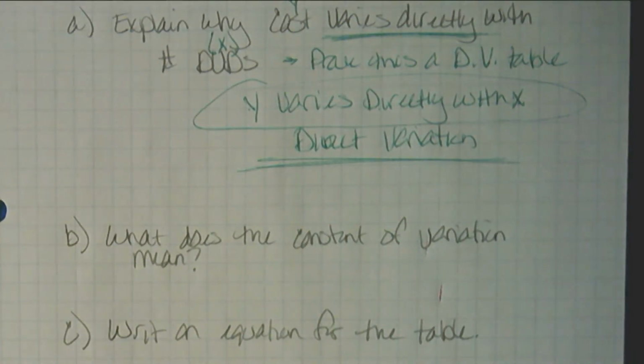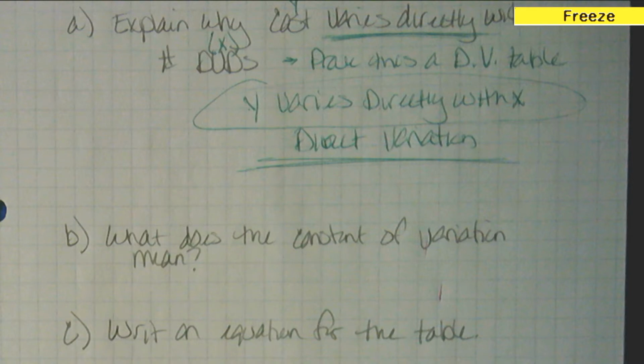All right, so those are the things right there that you are doing right now. When you make that third column, write A is equal to Y over X. It's going to be helpful for you to have that focus.